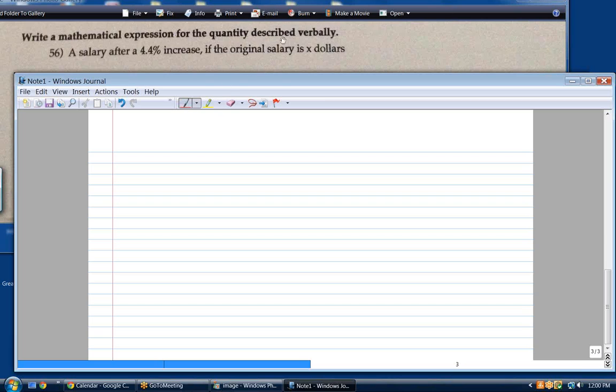All right, so what's a mathematical expression for a salary after a 4.4% increase? If the original salary is X, what's the new salary? Is it just 4.4 times x? If you had a job and earned $10 an hour, and got an increase of 4%, we'll make it more complicated, 4.4%.